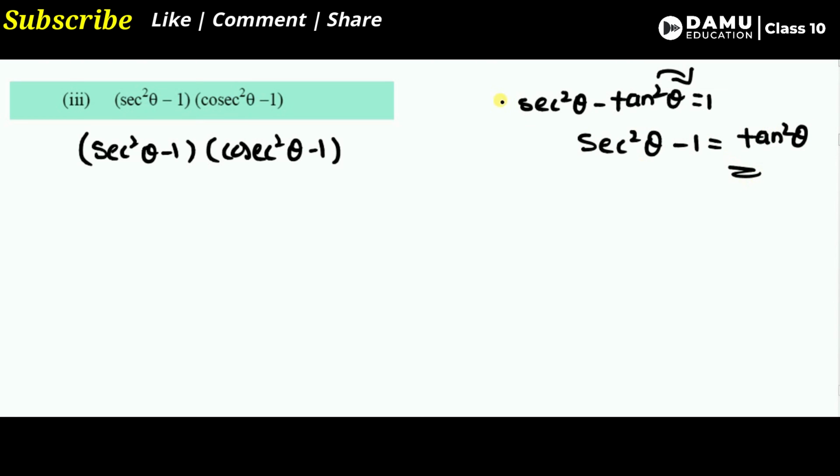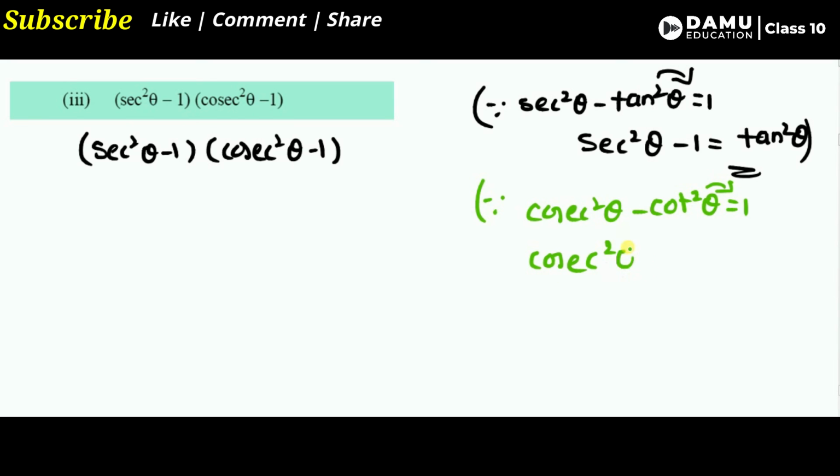Once again, cosecant square theta minus cot square theta will be equal to 1. From this also, shifting, cosecant square theta minus 1 will be equal to cot square theta. So these are the formulas.